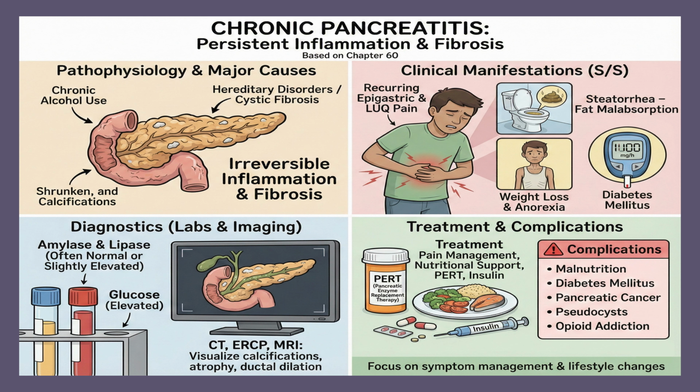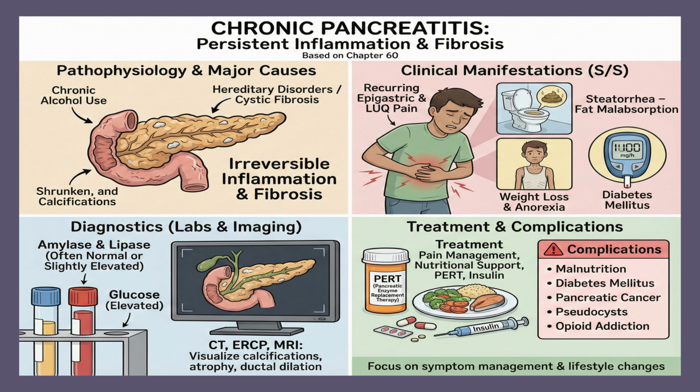Individuals of African descent face a 2 to 3 times higher risk compared to those of European descent. A key distinction from acute pancreatitis is its irreversible nature, leading to permanent alteration in both exocrine, digestive enzyme production, and endocrine, insulin and glucagon regulation, function of the pancreas.